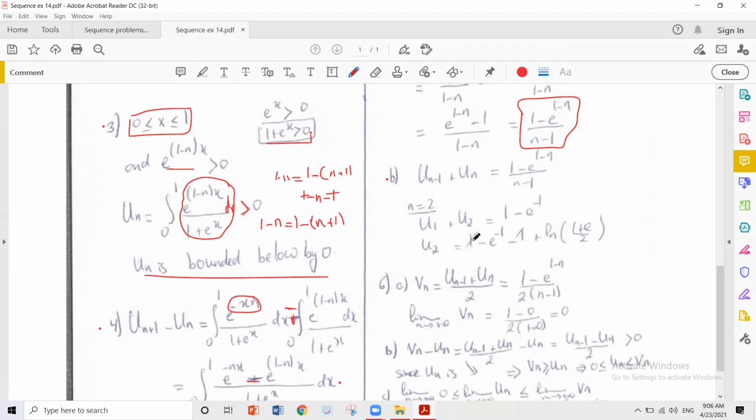So u2 equals 1 minus e to the minus 1 minus u1. u1 was calculated before: minus 1 plus ln of 1 plus e over 2. We replace u1 by its value and we get u2.